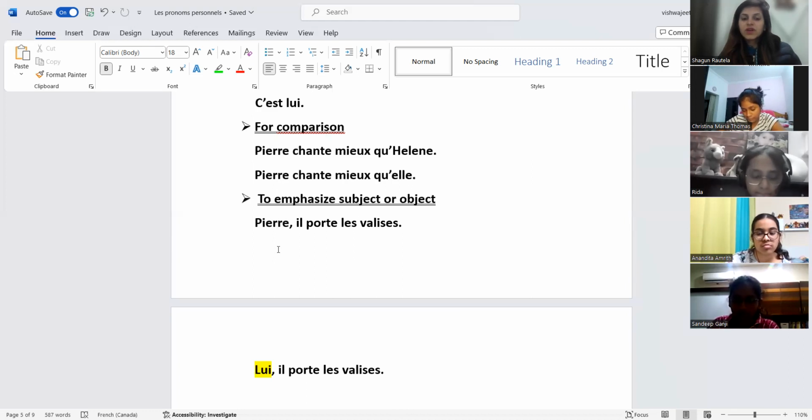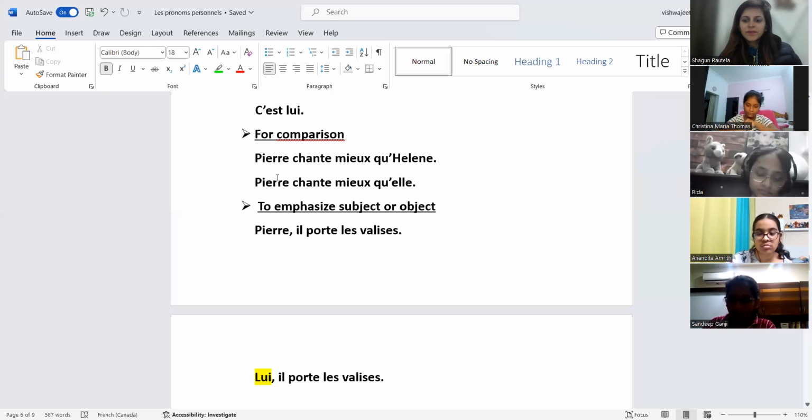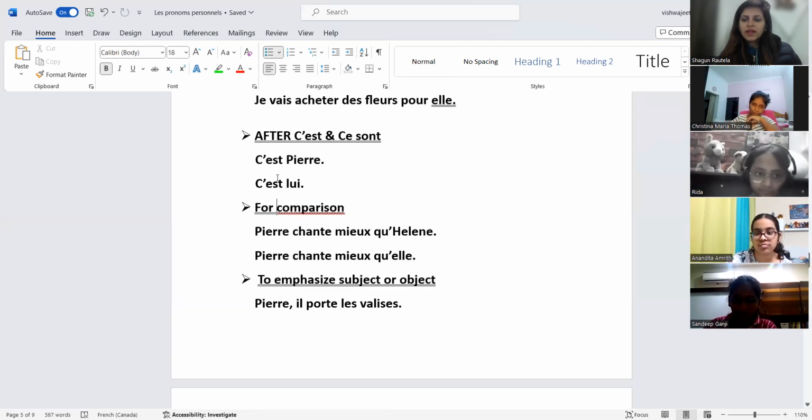Absolutely. So in the sentence, both things are given. The subject pronoun is given and someone's name is also given for highlighting, or for emphasizing. In that case the subject pronoun remains as it is, because with the subject pronoun you can't do anything. The other thing, the noun or the name, will be replaced by the pronom tonique, and only in the starting you have to write it down. Done till here.